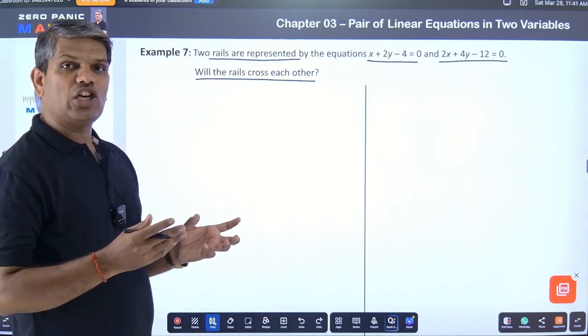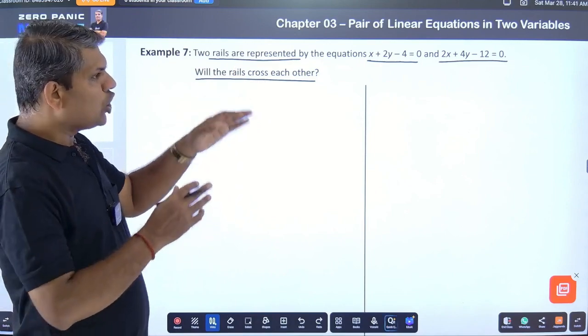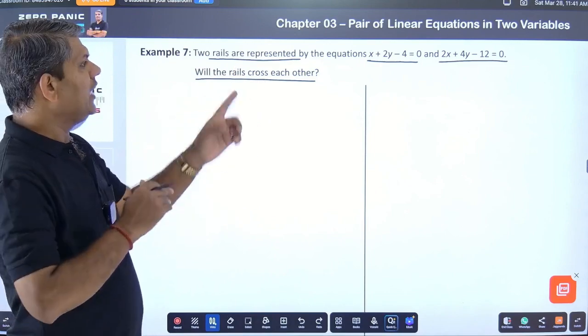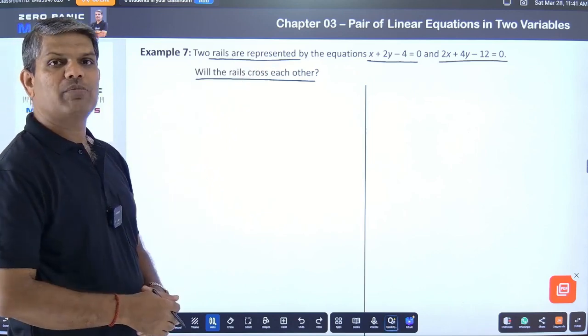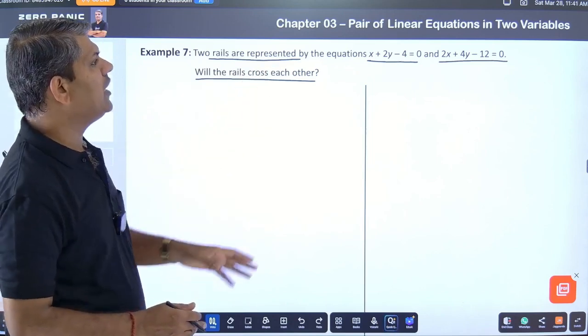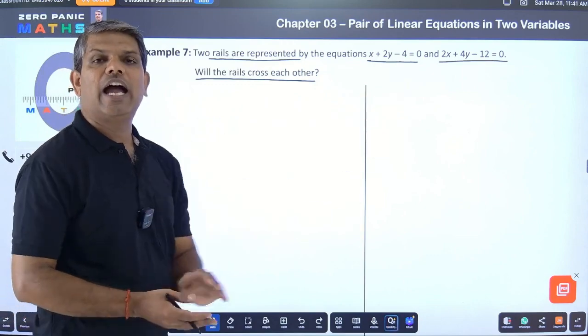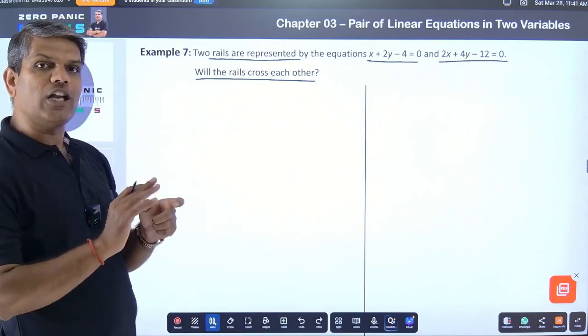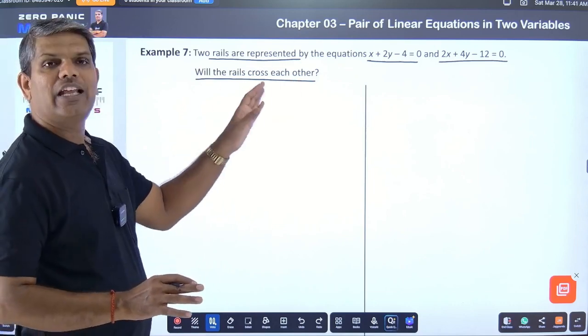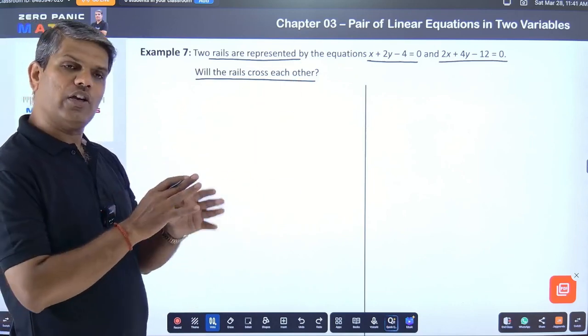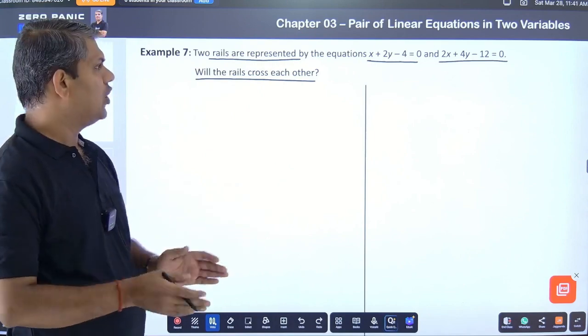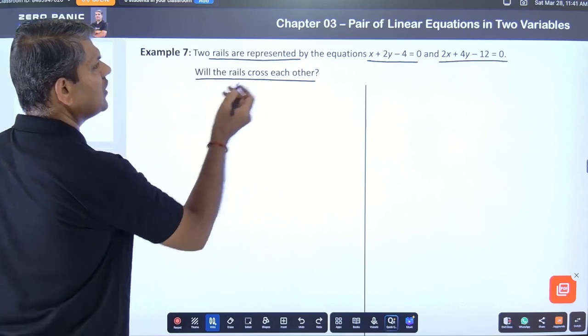What is the condition of the non-intersecting lines in the substitution method? Okay, in substitution method we have to resolve these equations, and if you totally get a false value, then the lines are not intersecting, or you can say the lines are parallel. Okay, let us resolve the equations.